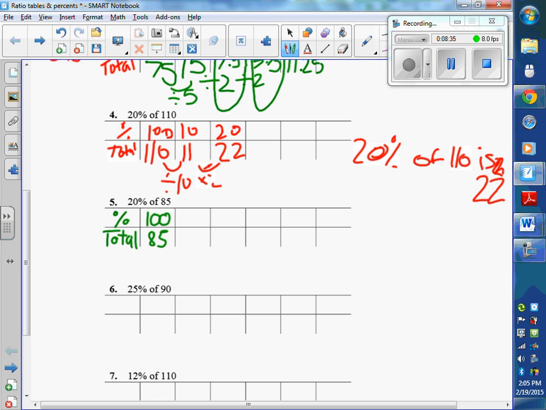And then to get to 20, I did divide by 5. And 100 divided by 5 is 20. And 85 divided by 5 is 17. So 20% of 85 is 17.